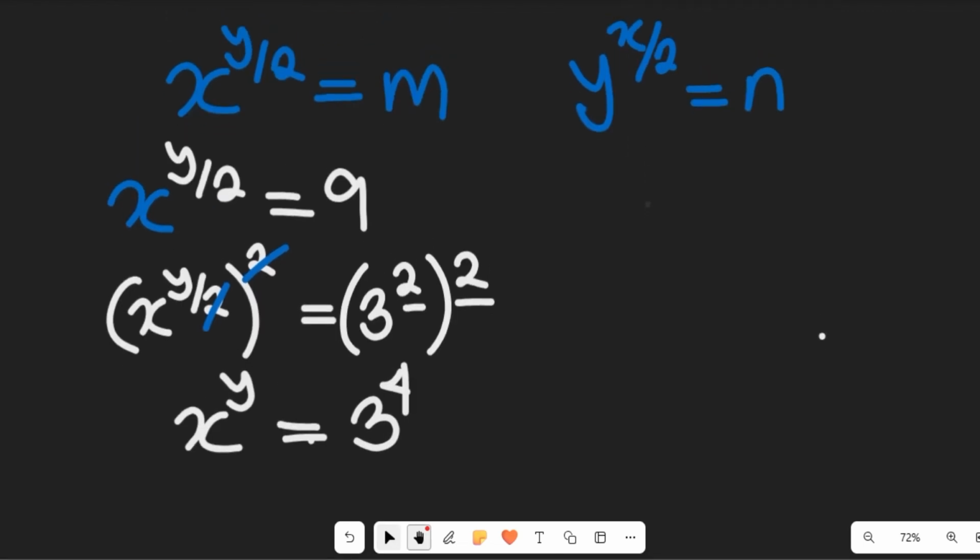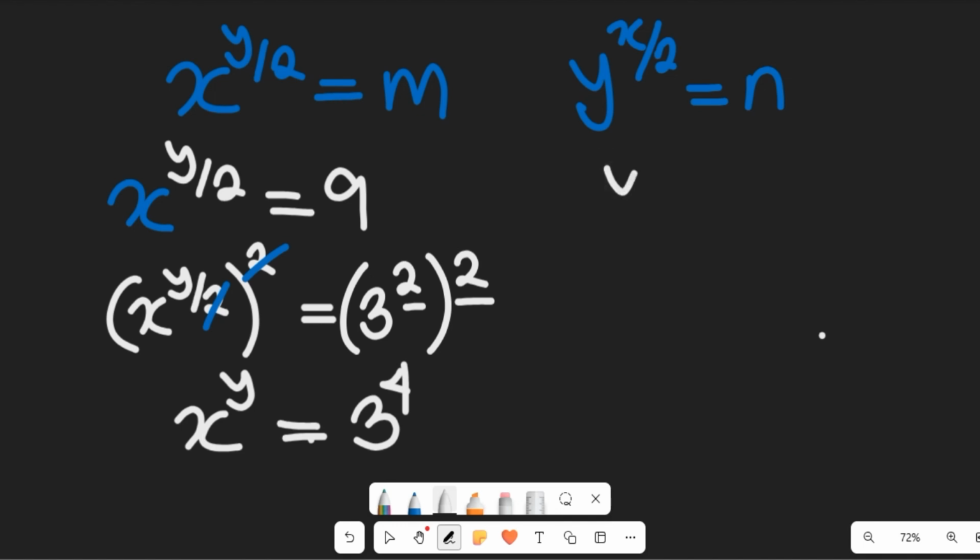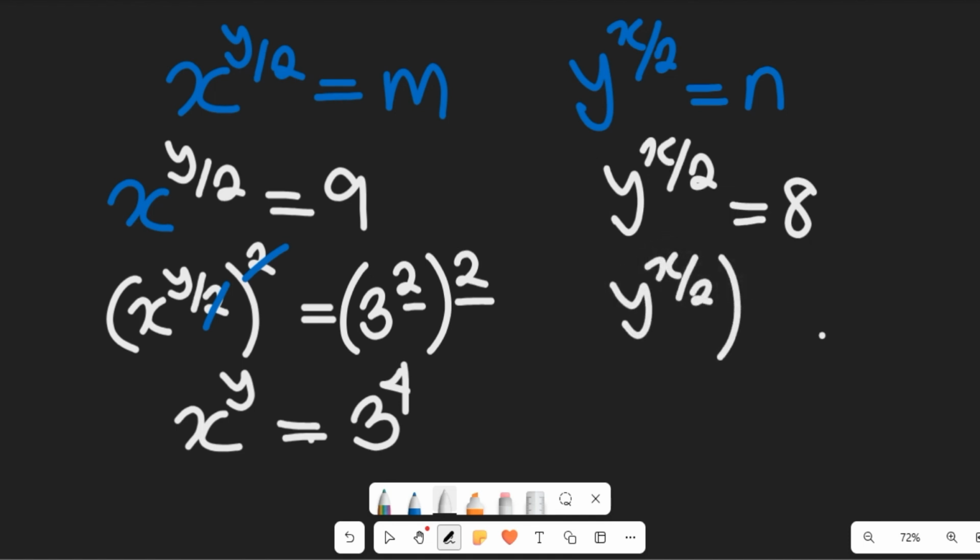Now let's come over to this side. This other side will have y to the power of x divided by 2 to be equal to 8. So what do we have? If we square both sides, we're going to have y to the power of x divided by 2 all squared, and this will be equal to 4 multiplied by 2, which is 8, all squared.